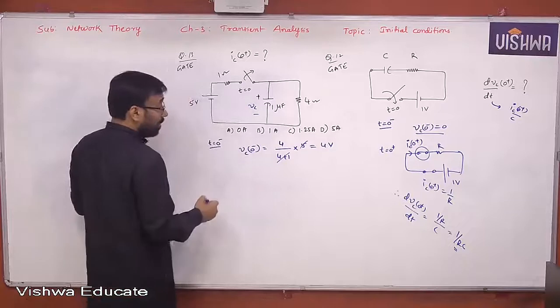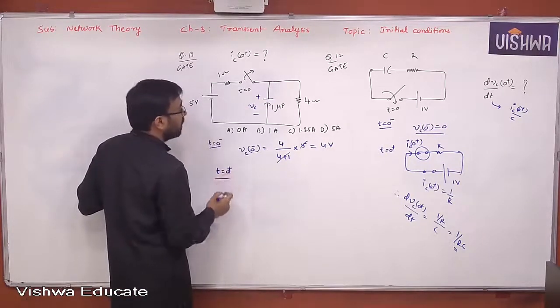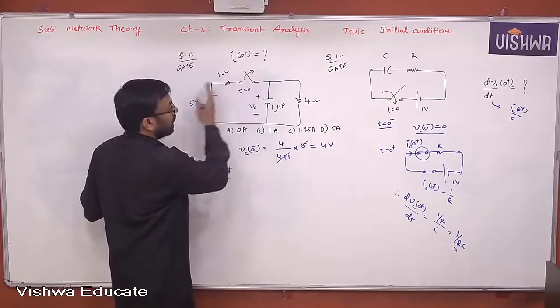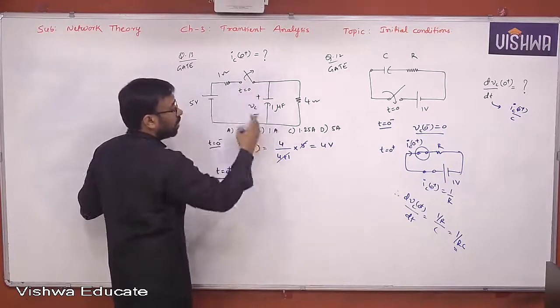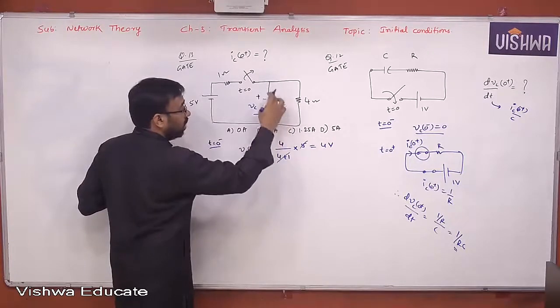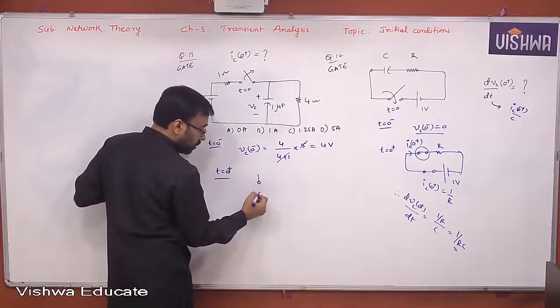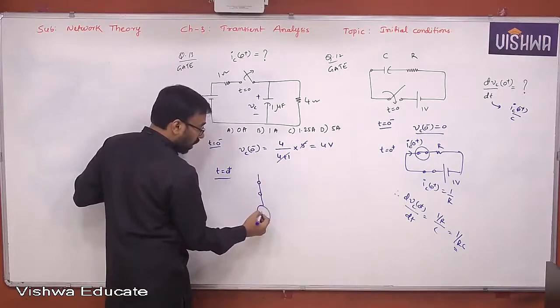You can use the same information for t equal to 0 plus. For t equal to 0 plus, the equivalent circuit is: the switch is open and this is completely isolated. You are left with only one capacitor and a resistor, but the capacitor at t equal to 0 plus is replaced by a voltage source. Yes or no? With a series capacitor model.